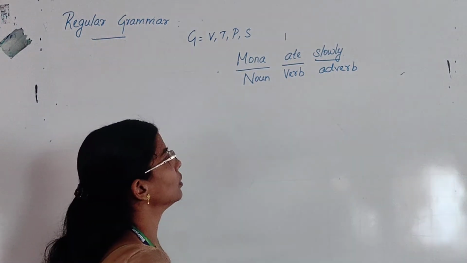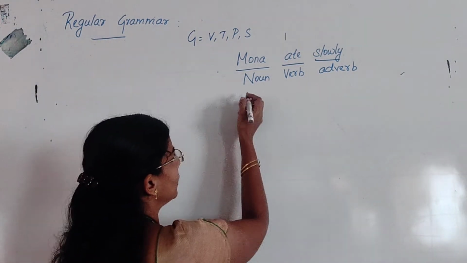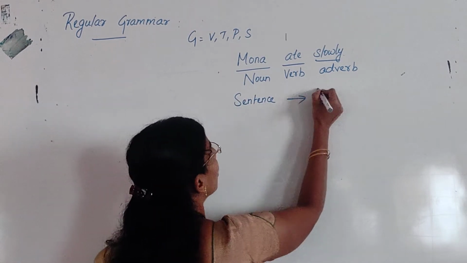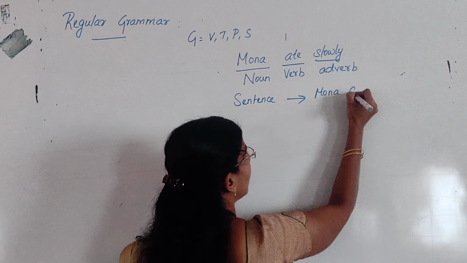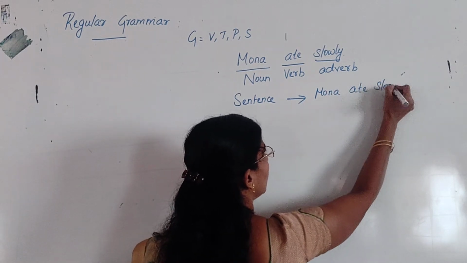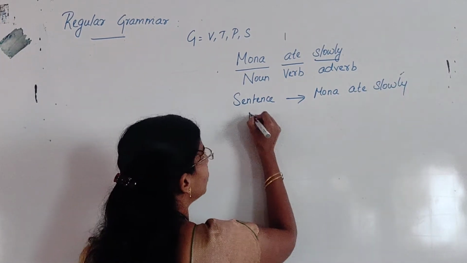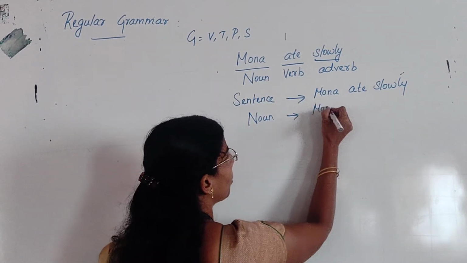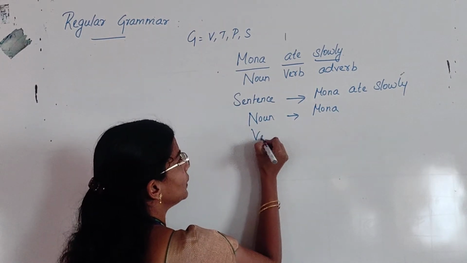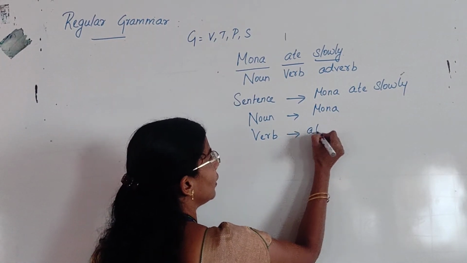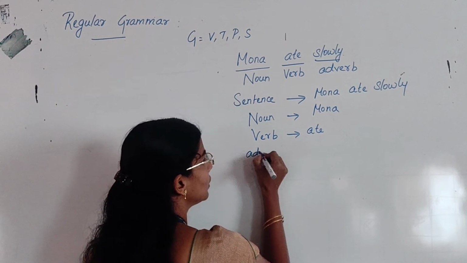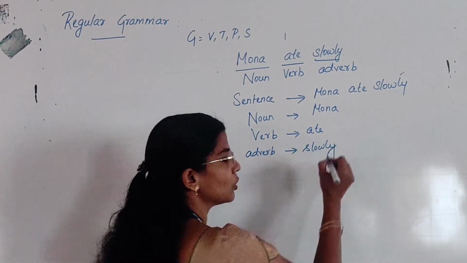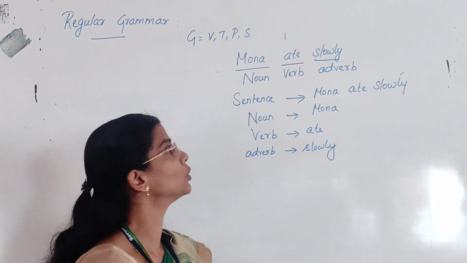And you write this. Here, sentence is Mona ate slowly, and noun is Mona, verb is ate, and adverb is slowly.